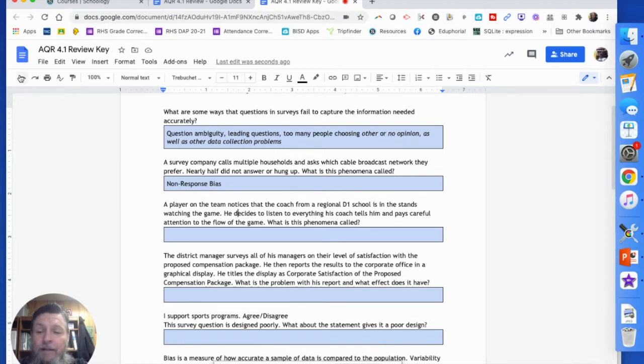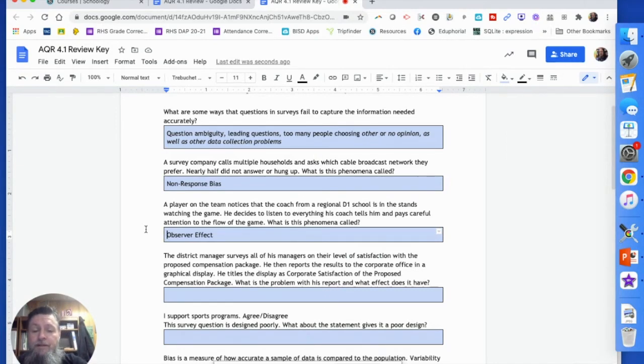Believe it or not, that's called the observer effect. The person's behavior is changed by the fact that there's an observer there, maybe because they want to impress the observer. In this case, that athlete is hoping to impress the recruiter.